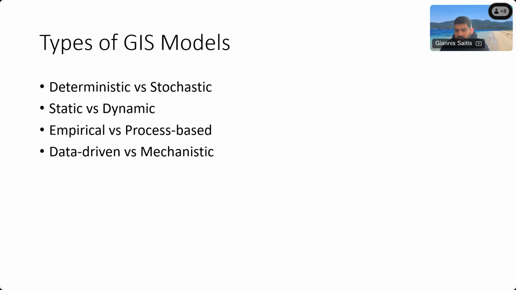Maybe you have heard the term neural networks. So these kinds of algorithms, final algorithms, are working on these kinds of models.